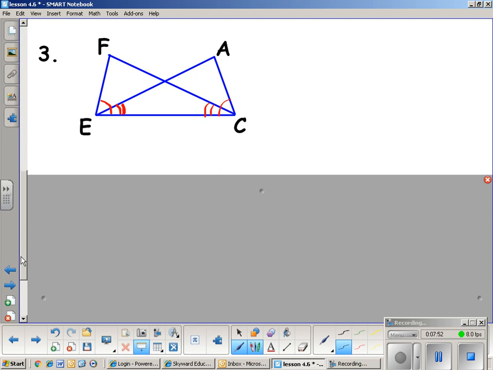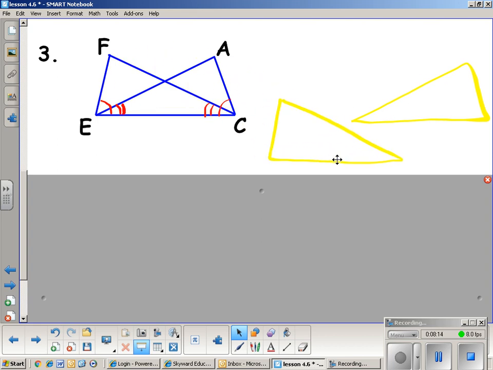One triangle is here, and the other triangle is there. And so if we separated them, it looked like this. Okay?